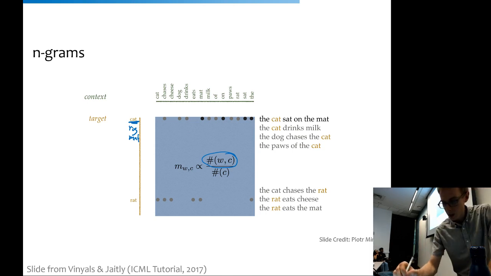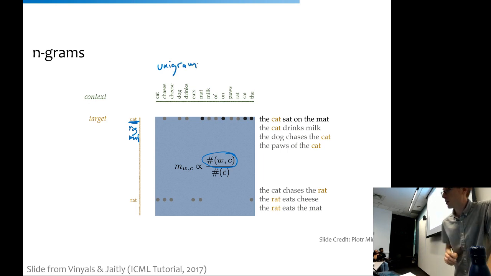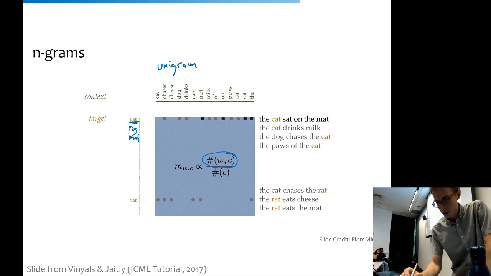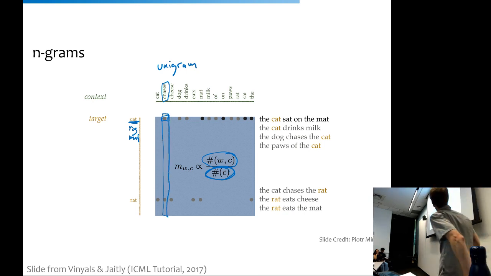So in this case, what we're looking at is a unigram model. Uni meaning one, because we have one word of context. So what we can see then is that we're going to count up the total number of times that in our data set the word chases appears. Okay? And that would be a sum of all the entries in this column.